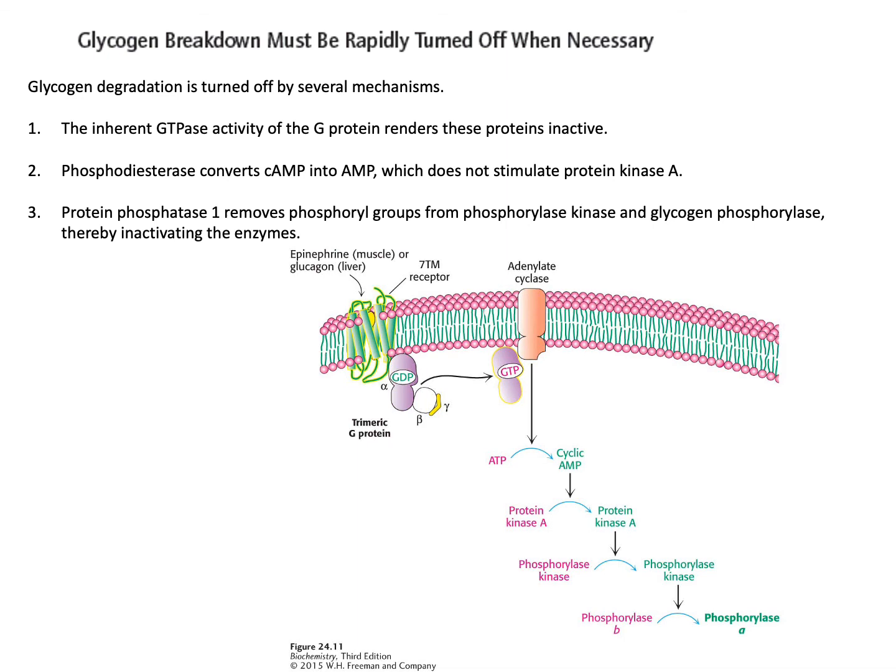First is through the inherent GTPase activity of the G protein, or through phosphodiesterase, which converts cAMP into AMP, which does not stimulate protein kinase A, or through protein phosphatase 1. It removes the phosphoryl groups from phosphorylase kinase and glycogen phosphorylase, therefore inactivating the enzymes.